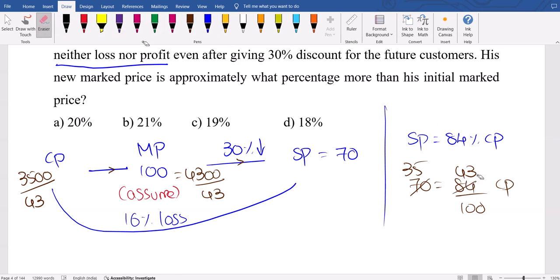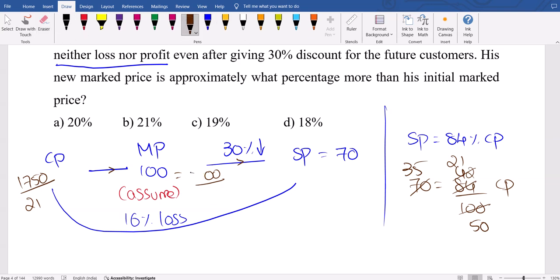Then it's 42. Then still I can divide, this is 21 divided by 50. Right. So then cost price will be 1750 divided by 21. This can be written as 2100 divided by 20.